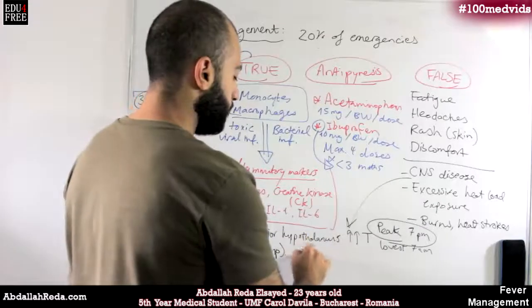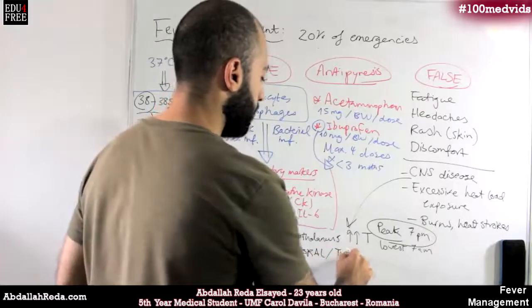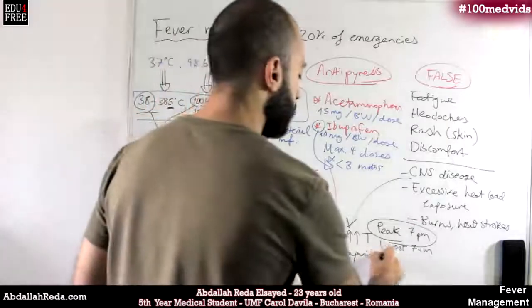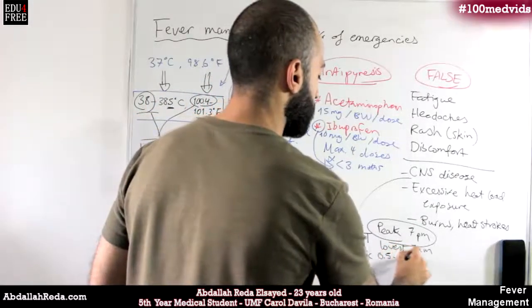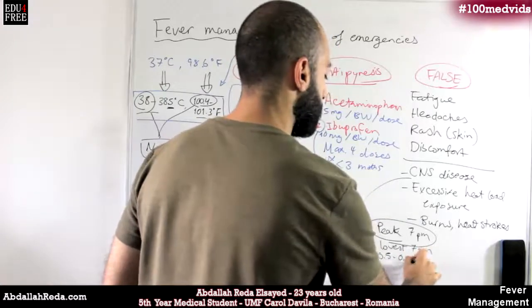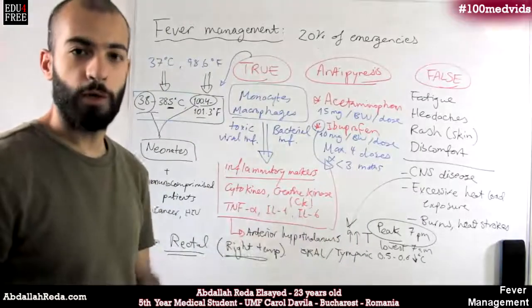The oral or tympanic, so through the ear, would read 0.5 to 0.6 degrees Celsius less than the actual accurate temperature of the human body.